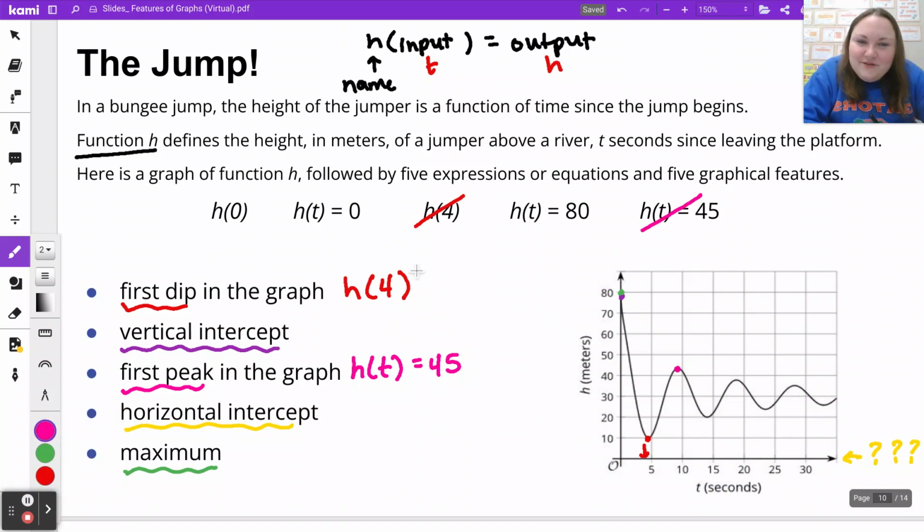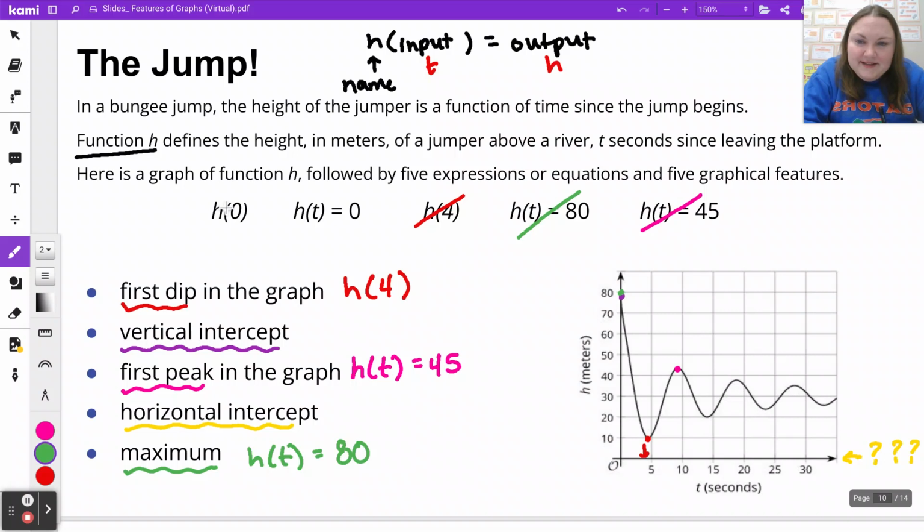So of the three remaining, do you see which one is communicating what the maximum is? That's going to be this one right here. h of t equals 80. It's not specifying a time, but it's saying the maximum, the biggest output, is at 80 meters.